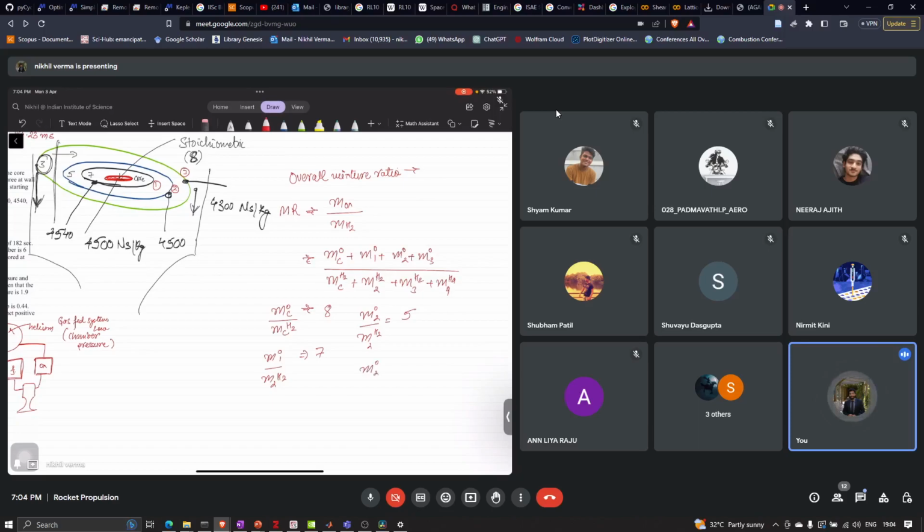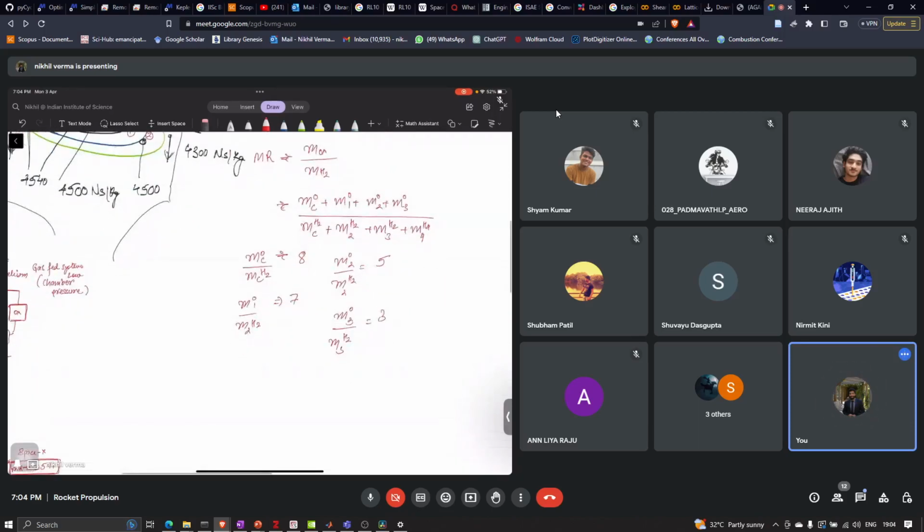Mass of the oxidizer from 3 is given as 3. So let us calculate this.